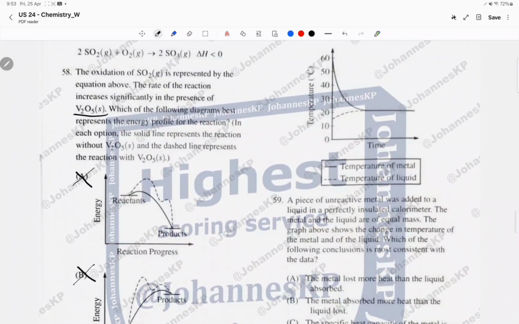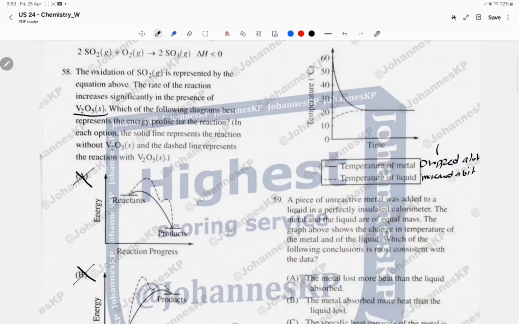59. Okay. So the metal's temperature dropped a lot, while the temperature of the liquid increased a bit.